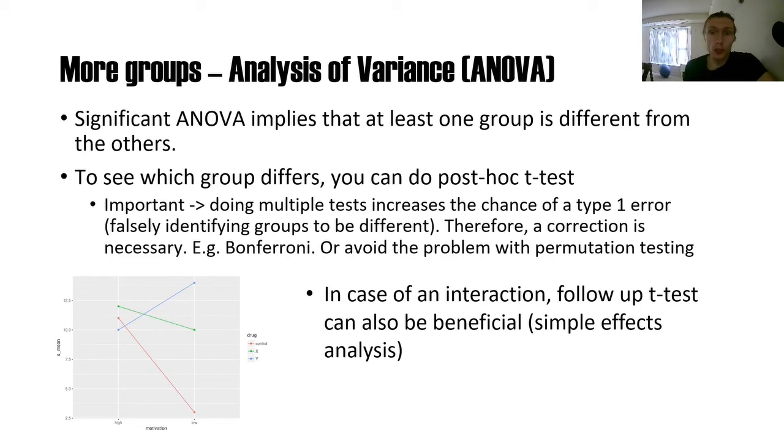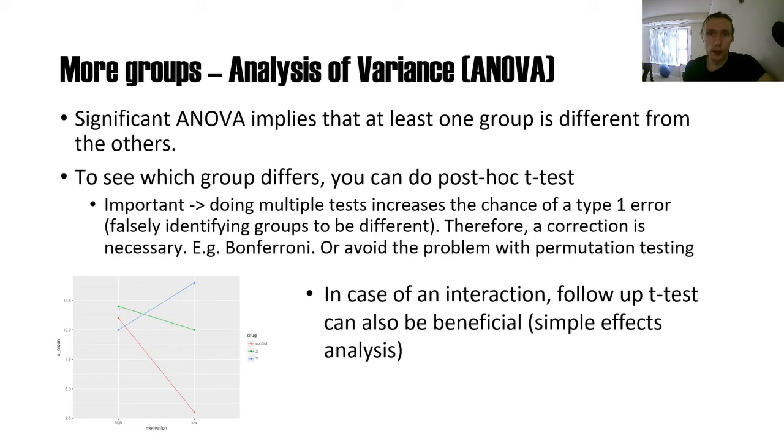So it could be that you would have to do a lot of t-tests. Now in that case, if you would use this method of just dividing your significance level by the number of tests you did, then you would have to find very, very small p-values to still find a significant difference, right? Because as we said, with this Bonferroni method, we divide the significance level by the number of tests we do.